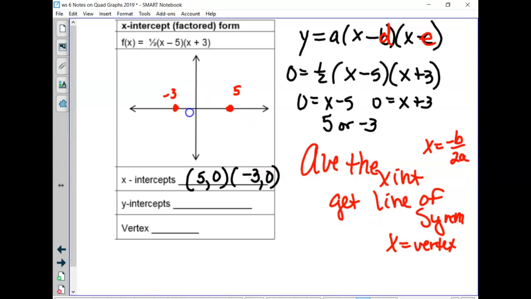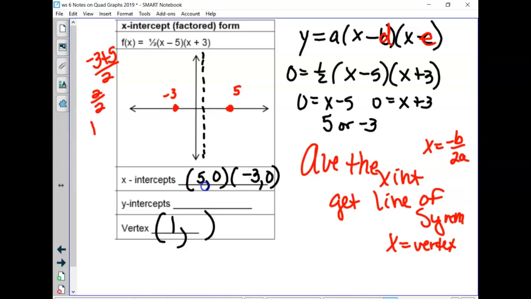Okay? So -3 plus 5 divided by 2 is 2 divided by 2. So it's x equals 1 is the line of symmetry right here, which means the vertex goes through 1 something.